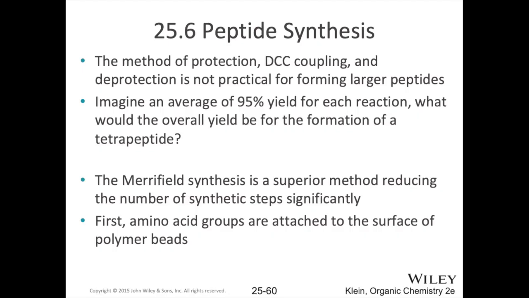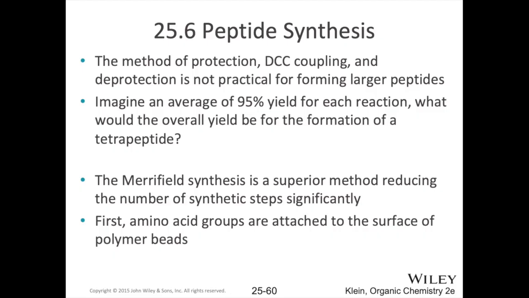So even if you have a really good percent yield, so let's say we're talking about 95% yield for each reaction, and that's very optimistic, right? With, let's say, doing a tetrapeptide, that combined 5% loss for each reaction yields a very low percentage.